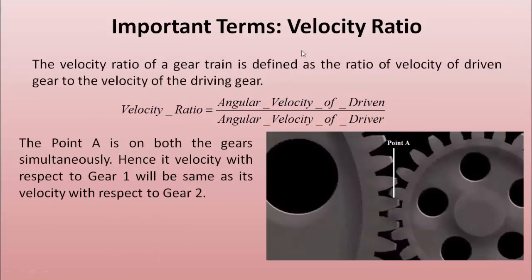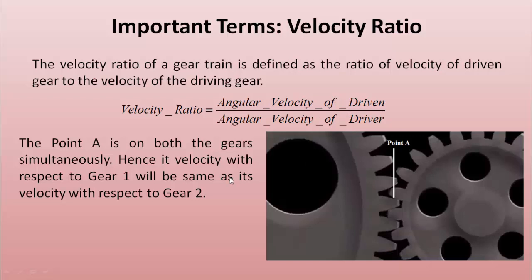The next term that we will be seeing is velocity ratio. First, let us look at the definition of velocity ratio. Velocity ratio is defined as the angular velocity of the driven shaft to the angular velocity of the driver shaft. What do I mean by driven and driver?